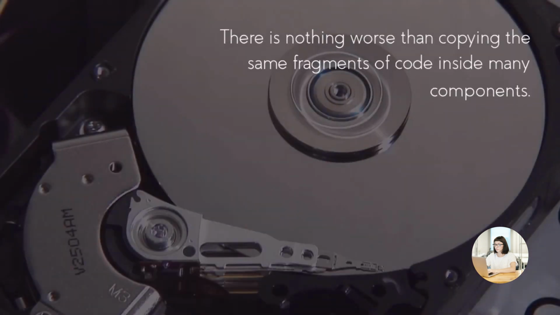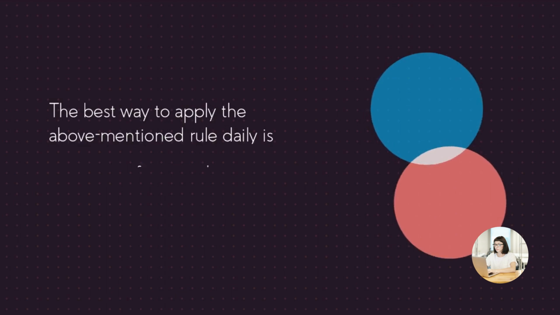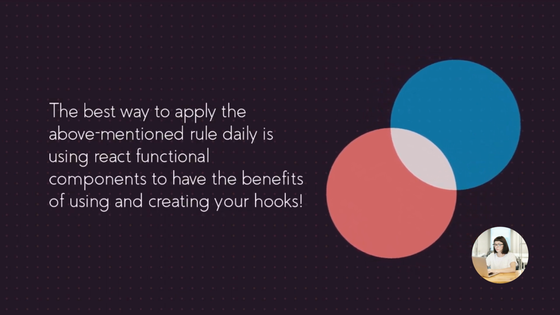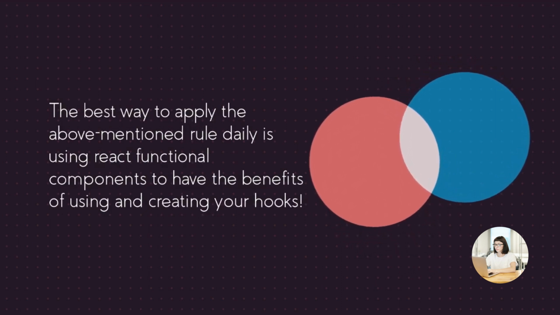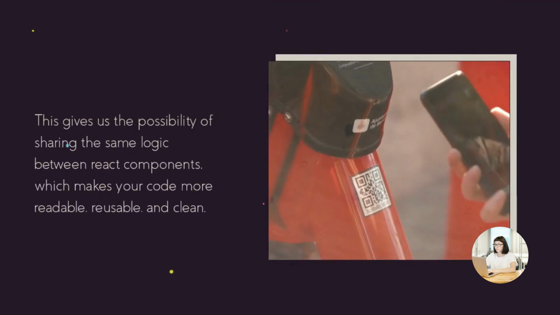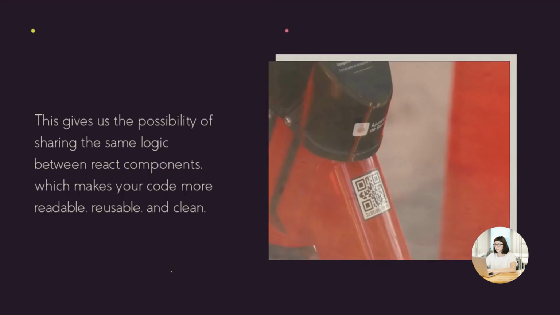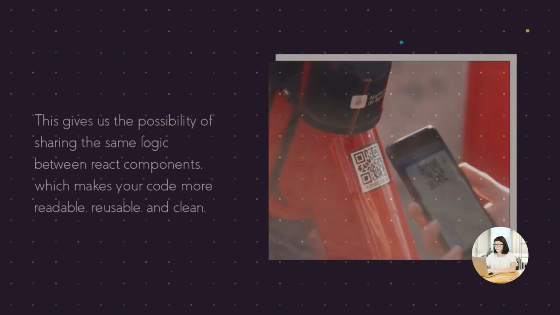There is nothing worse than copying the same fragments of code inside many components. The best way to apply this rule daily is using React functional components to have the benefits of using and creating your own hooks. This gives us the possibility of sharing the same logic between React components, which makes your code more readable, reusable, and clean.